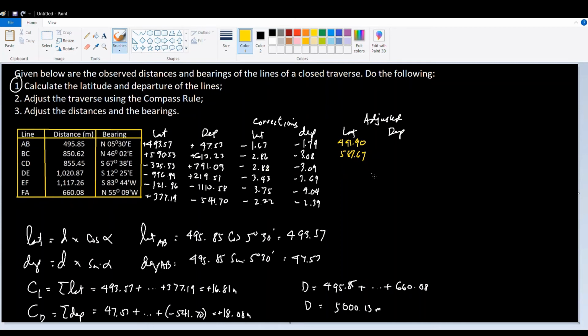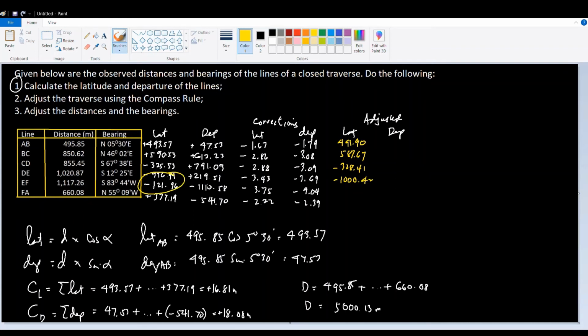That is negative 328.41. Next, negative 996.99 minus 3.43. That must be negative 1,000.42.